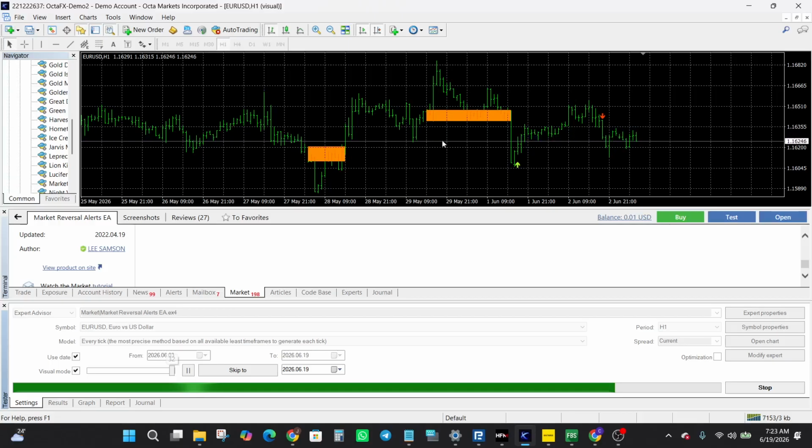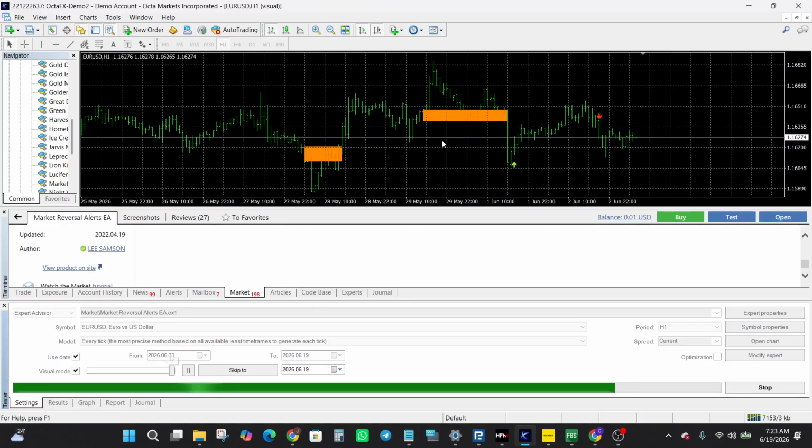When evaluating the historical testing performance, it is important to remember that results can vary depending on risk settings, lot size, broker execution, spread conditions, slippage, market conditions, and user optimization choices.